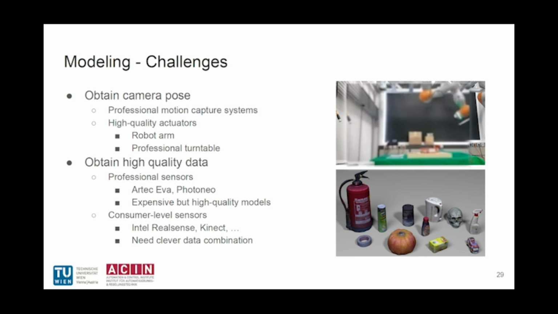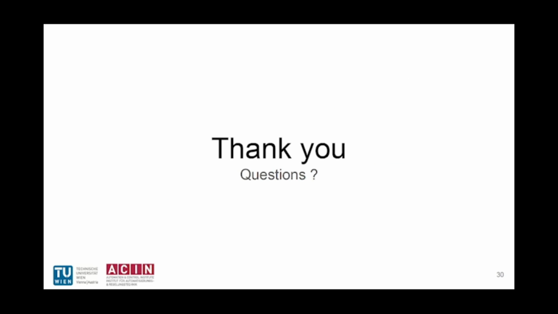For the data sensing, there's not much you can do besides relying on your sensor, of course. I think I'm getting close to the time, so I'll leave it at that. The better the sensor, the easier the task, of course. And I think it's time to listen to your questions. Hopefully you have many.